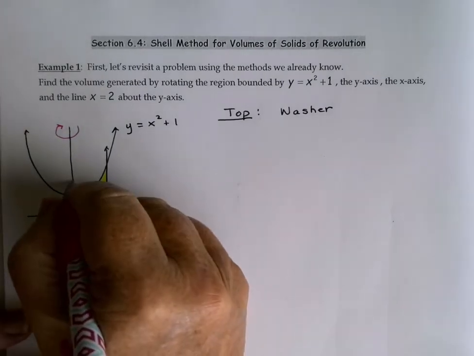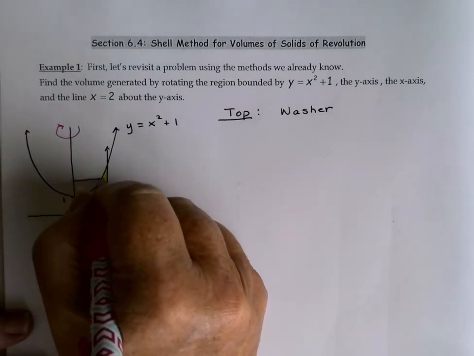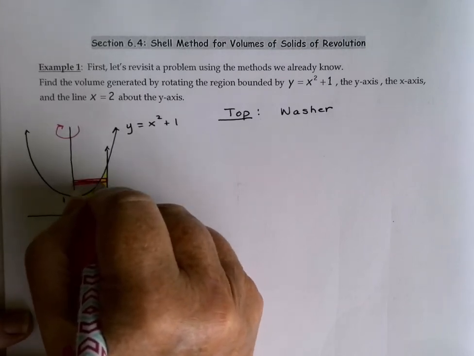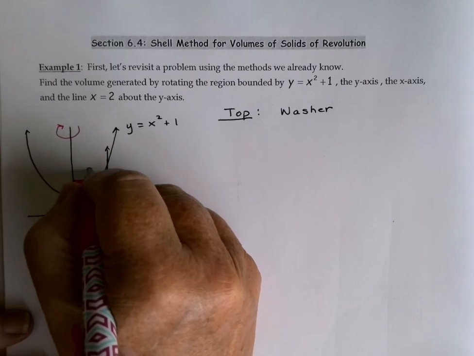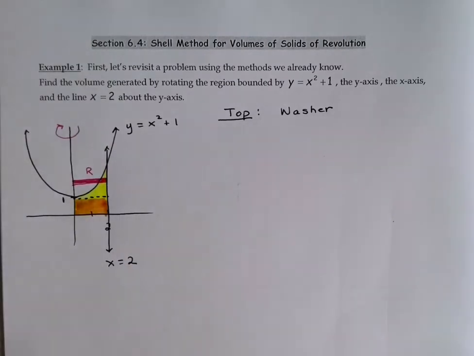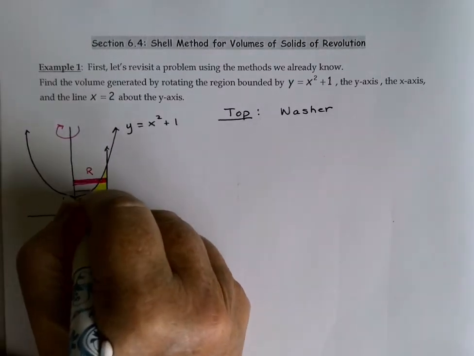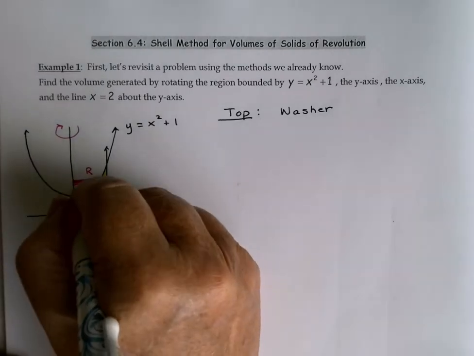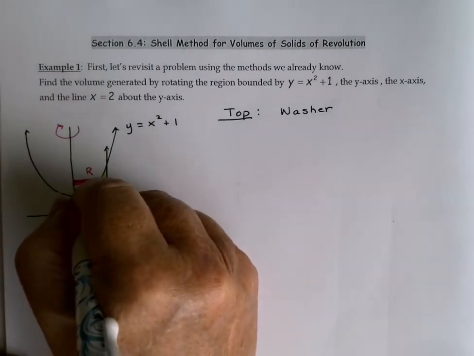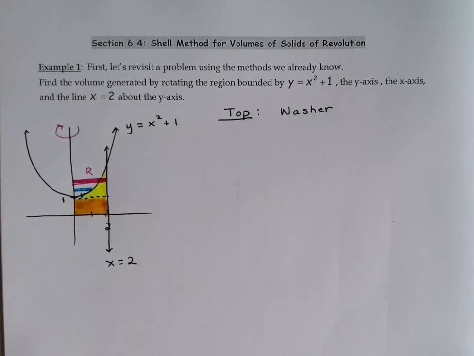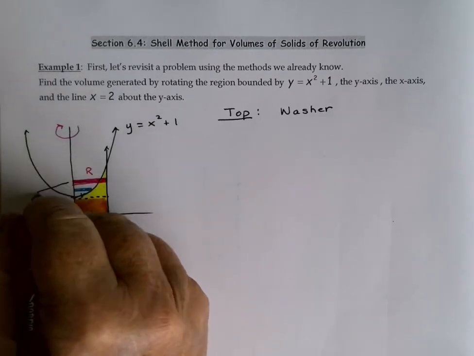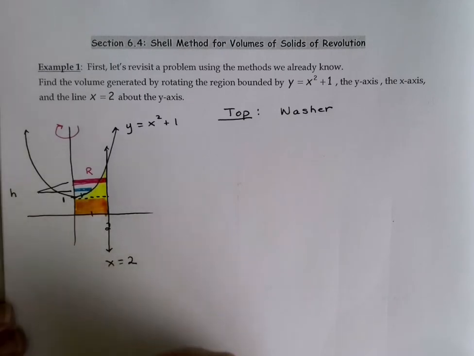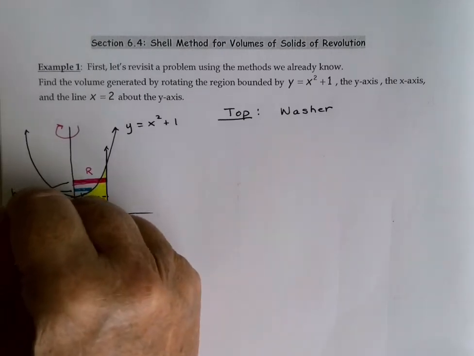If I draw my large rectangle from the axis of rotation to the further graph, the vertical line, there's capital R, and my small rectangle from the axis of rotation to the closer graph, that would be little r, and in both cases, the height of each disk is just going to be a little piece of the y-axis, delta y.